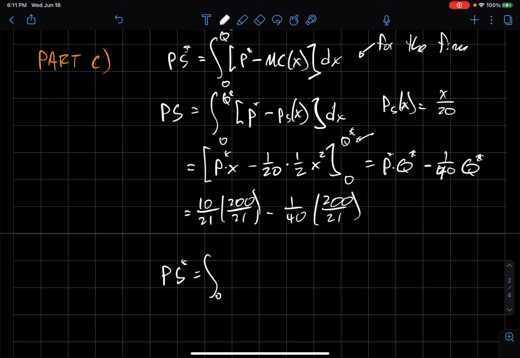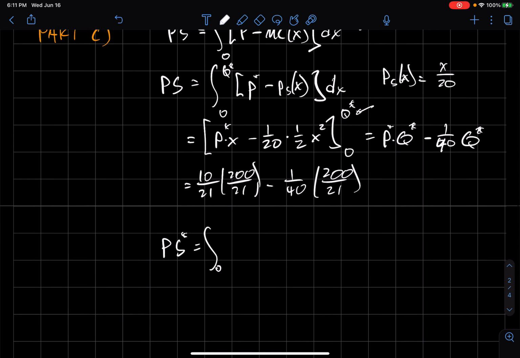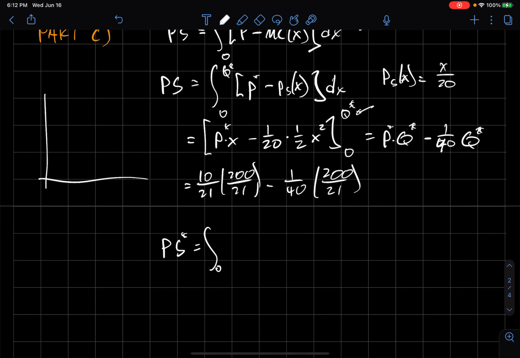We have 0. And just as the graphical intuition for what we're doing, we have our price, which is the same equilibrium price, and we have our linear marginal cost curve. So all we're doing is finding this, which is the PS for the firm, and we're multiplying it by 40.